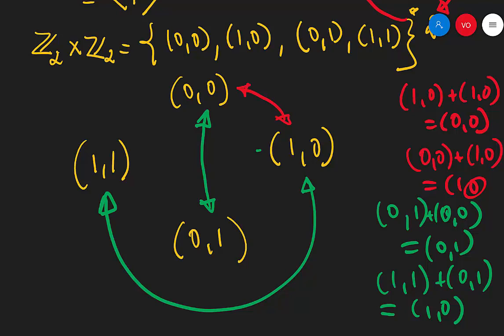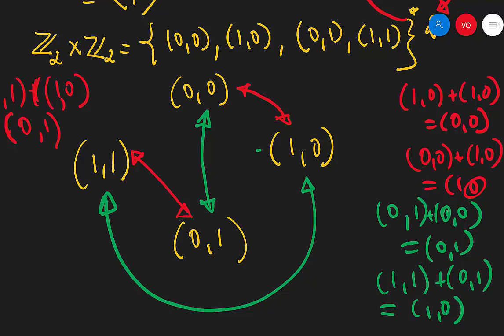Now what happens if we add 1,0 to this element? We get this. And if we take 1,1 and add 1,0 again, we get 0,1.